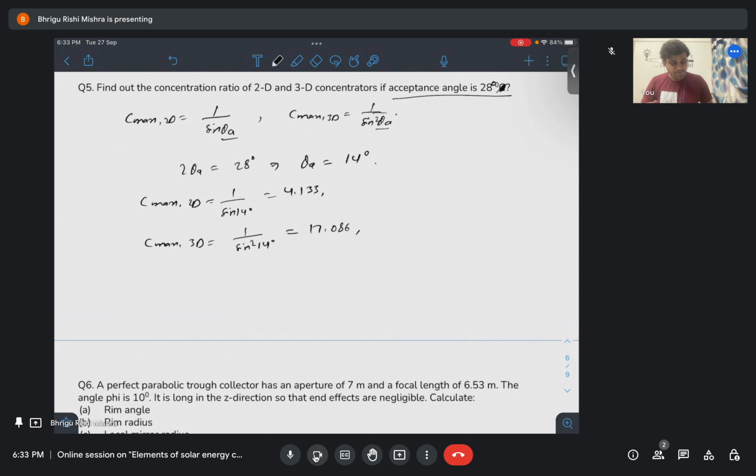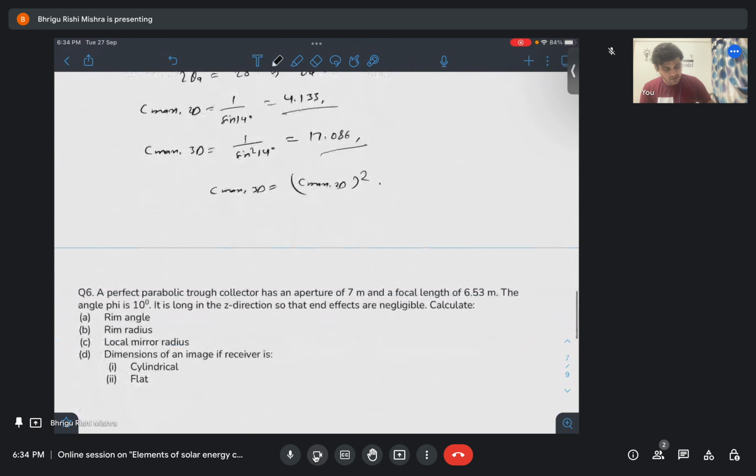Okay, so obviously 3D has a higher concentrating ratio compared to 2D. This is obvious because C max 3D is just the square of C max 2D.